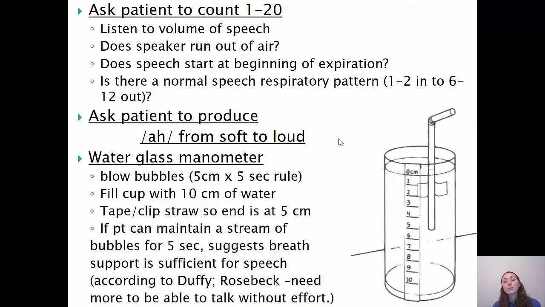Again, we're talking about respiration, and I think we've got some really nice perceptual pieces. We can do prolonged ah, we can do counting, we can look at breaths per minute, that cycle. We can get some general ideas, because the goal is, is the patient's respiratory system efficient enough to have connected speech that can be heard by others with appropriate phrasing? That's kind of the goal, right?